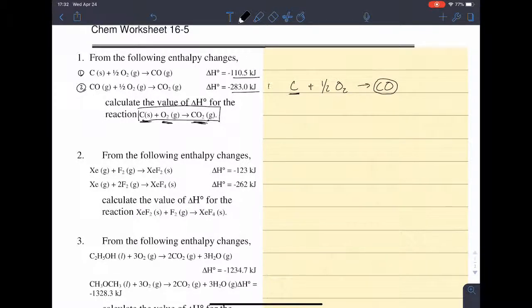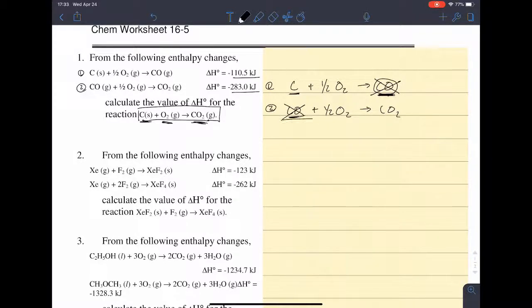Now I look at my equation number 2, and I'll write that down as carbon monoxide plus 1/2 O2 gives me CO2. When we have something on one side, like carbon monoxide, and the same thing on the other side, we can cancel those out and say that they are no longer part of this reaction.